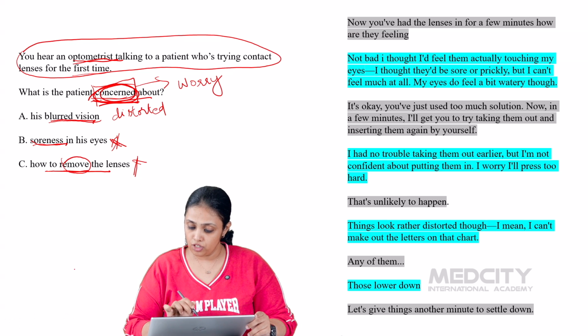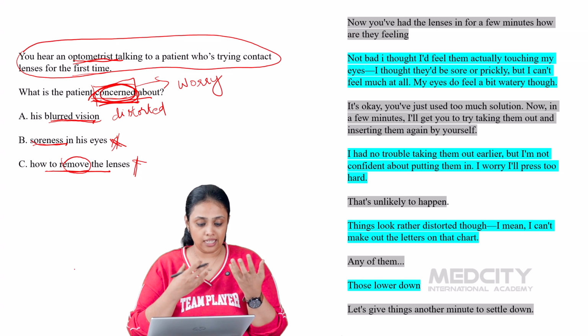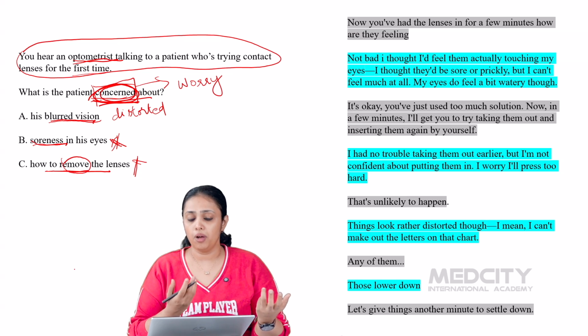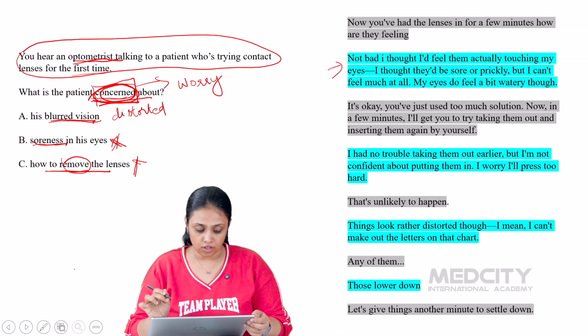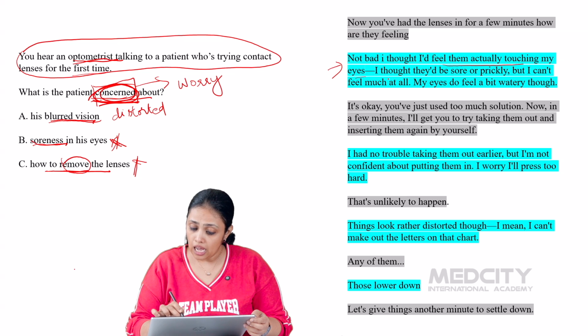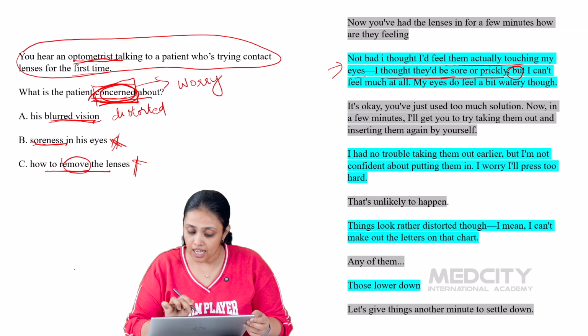Because here the optometrist is asking after putting the contact lens, trying the contact lens for the first time, how does it feel? So the patient says, not bad. I thought I'd feel them actually touching my eyes. I thought they would be sore or prickly, but I can't feel much at all.